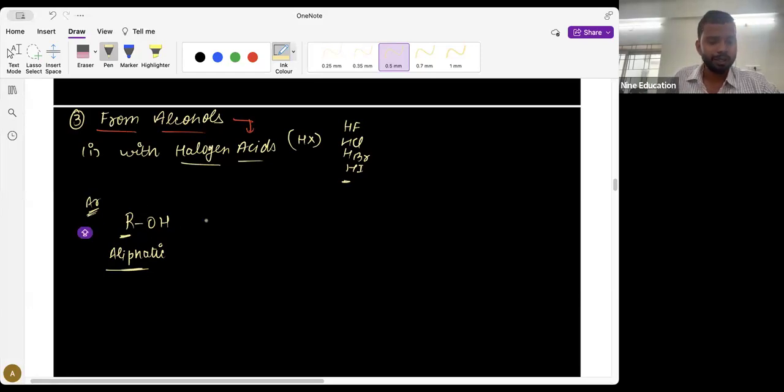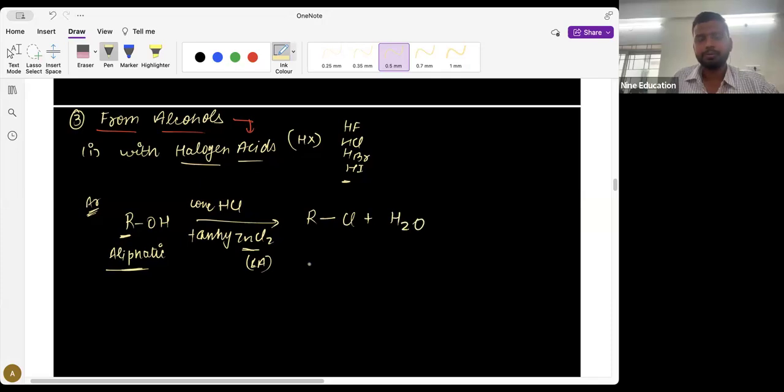So let's say we have ROH and I put in this reaction, let's say HCl, concentrated HCl in anhydrous ZnCl2. ZnCl2 is a Lewis acid. Lewis acid है. So if I put concentrated HCl with anhydrous ZnCl2 in ROH, I will get what? I will get RCl plus H2O.